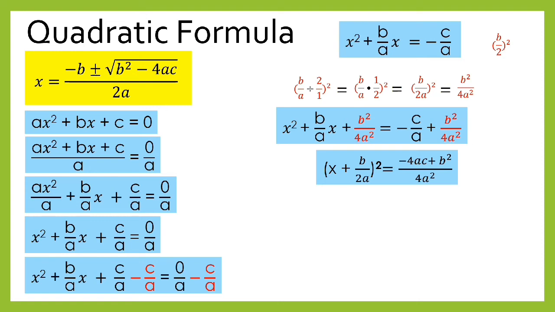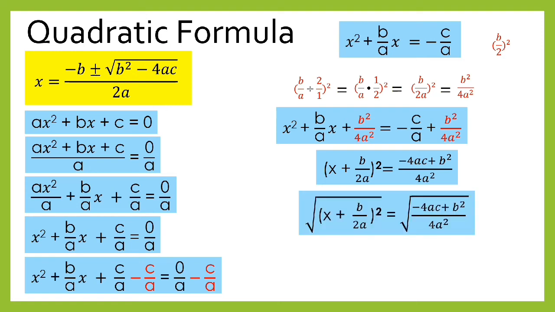Next step is to solve the resulting quadratic equation by extracting the square root. I-square root natin both sides of the equation. We now have square root of the square of quantity x plus b over 2a equals square root of negative 4ac plus b squared all over 4a squared.